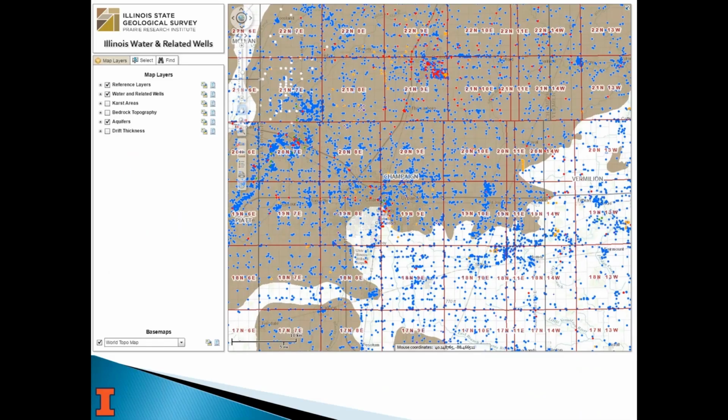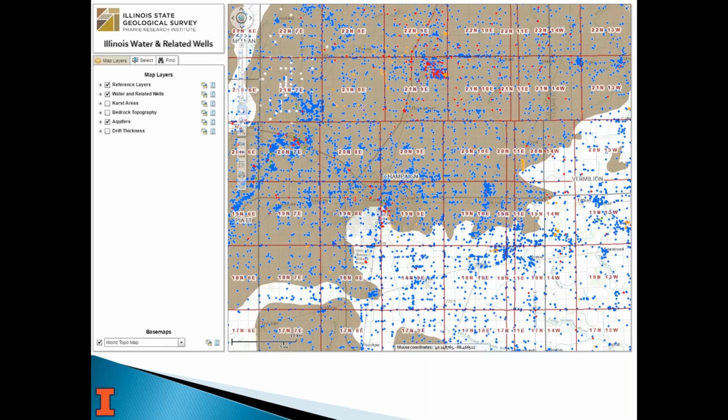But if I go into any area of this map and start zooming in, all these blue wells will show up. There are other colors, they mean there are other things like bridge borings or monitoring wells or whatever, but the blue ones are all drinking water wells, private wells.